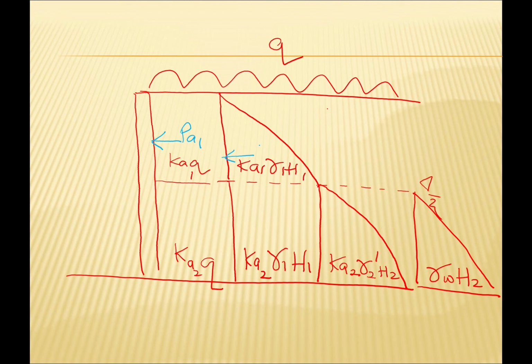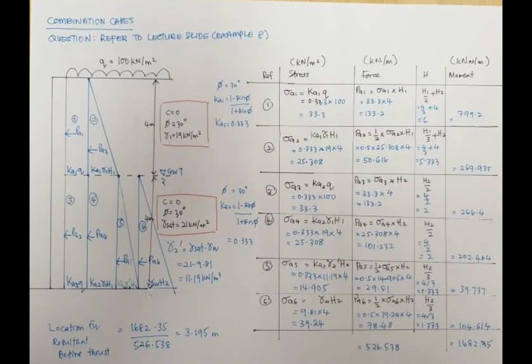Here is the position for PA2, and then you have PA3 at the center of that rectangular area, and PA4 also located at the center of that rectangular area, and then you have PA5 at 1/3 of that triangular area, and then you have PA6. So this is the initial drawing that you must draw before you calculate everything.